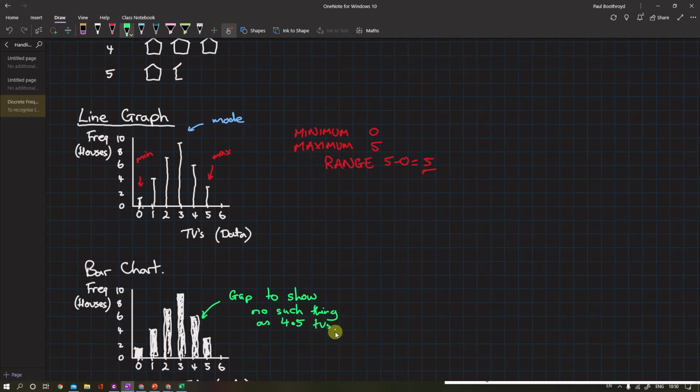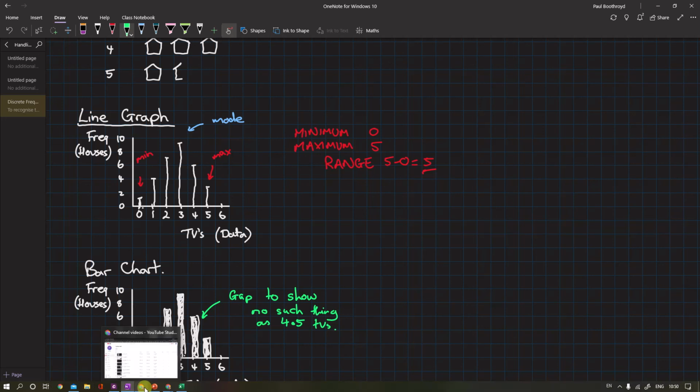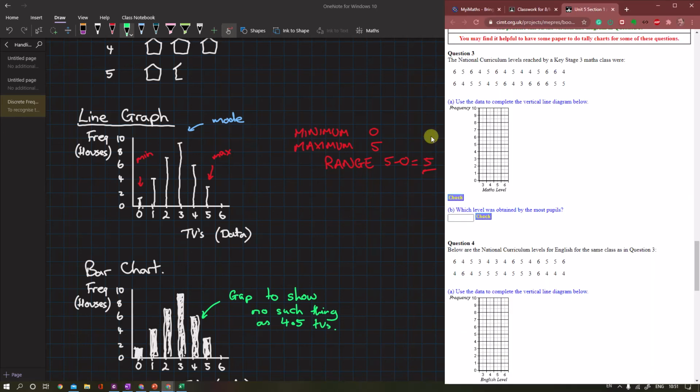TVs. Last part for this is just quickly to introduce the exercise you've been set, which is this. When you're asked to plot these things, you're going to have to count the values. So if I thought that the people who got level 3s, if I said that there was one level 3, go to the box where it starts with the 3, go up the line in the middle, and if you click to the top of it, it will draw in a line for you.